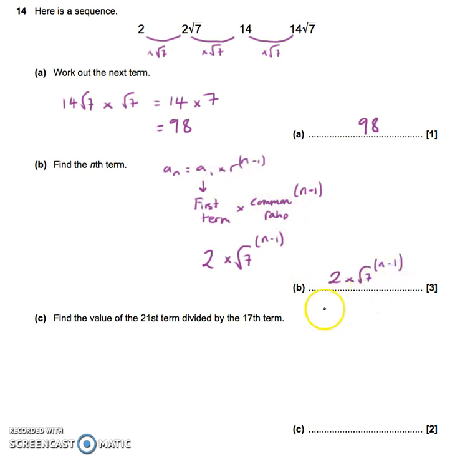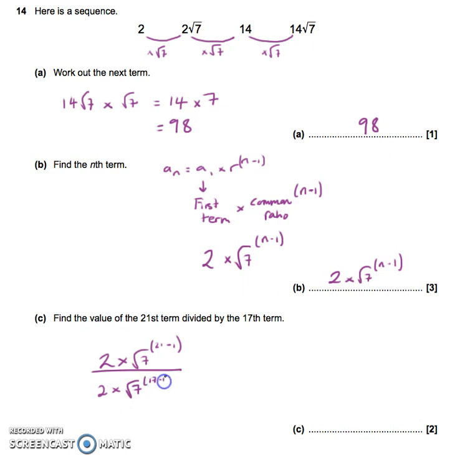So there you go. Right, part C, you've got to find the value of the 21st term divided by the 17th term. So this just requires us to use the formula, substitute these numbers in. So n always represents the term number. So if we substitute the term number in, we're going to get 2 multiplied by root 7 to the power of 21 minus 1, and then divide that by 2 times root 7 to the power of 17 minus 1.